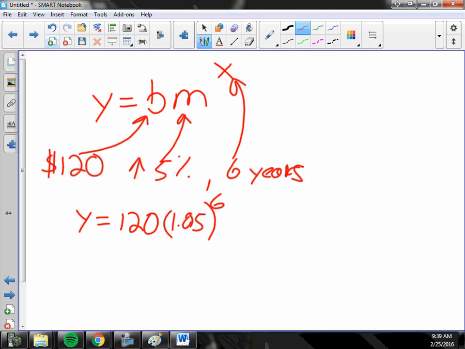The interest is paid at the end of the year. So your money has to be in there for an entire year, and then at the end of the year, they say, okay, you've had $120 in there. We'll give you 5% of that 120. So we get paid 5% interest one time per year.